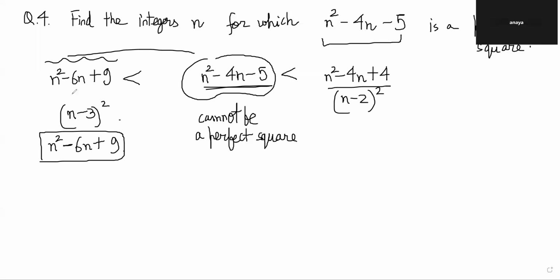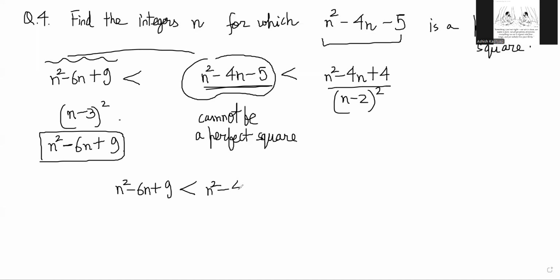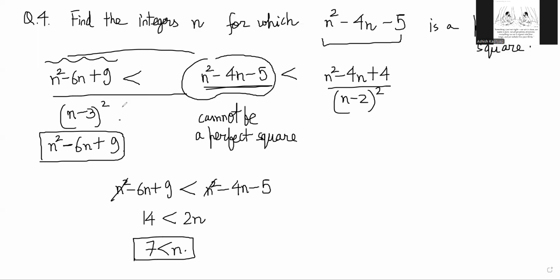Let's solve this inequality: n square minus 6n plus 9 is less than n square minus 4n minus 5. n square gets cancelled, and 6n goes this side, 5 goes this side. So 14 is less than 2n, so 7 is less than n. This inequality is valid for n greater than 7, and the other inequality is always valid.